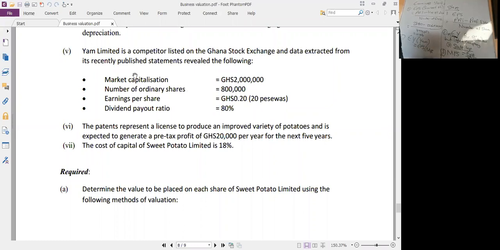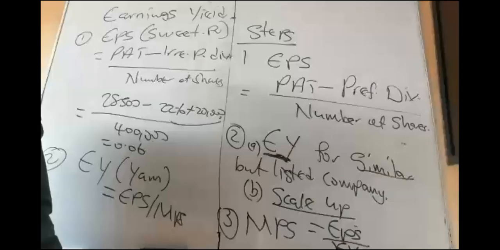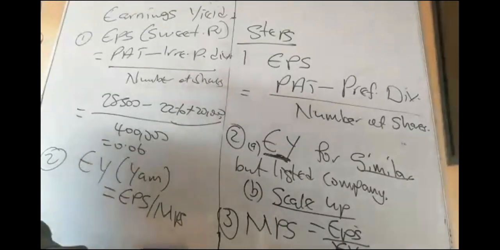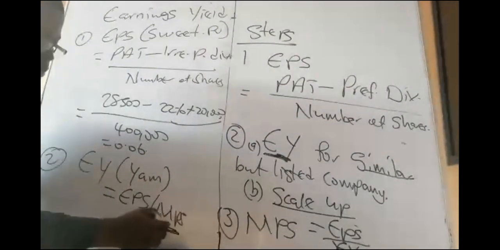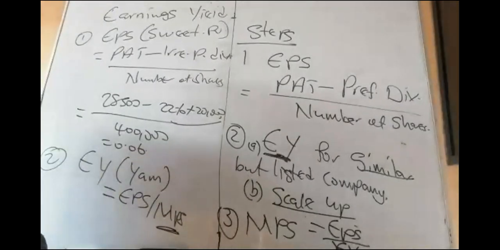So what will be the share price? If the market capitalization, or market value of that company, is 2 million, and the number of shares is 800,000, so what will be the share price? It means the market price of the company is 250 pesos.